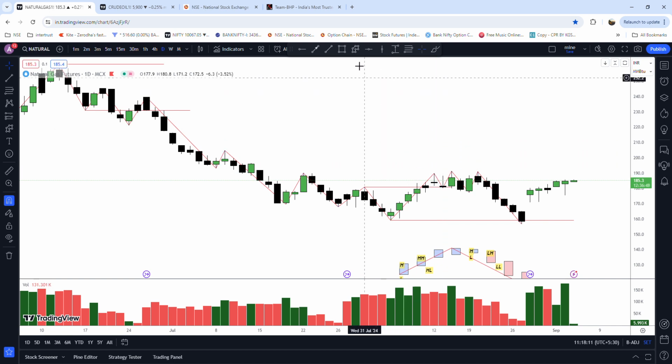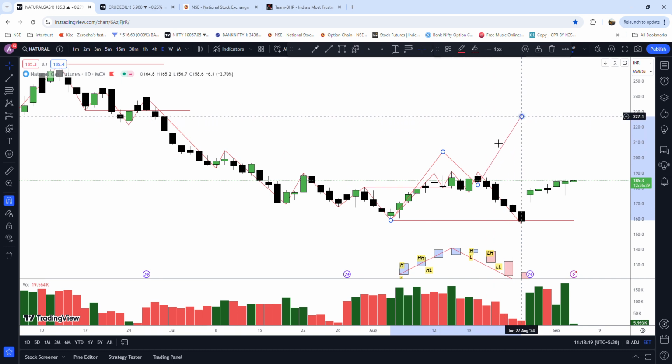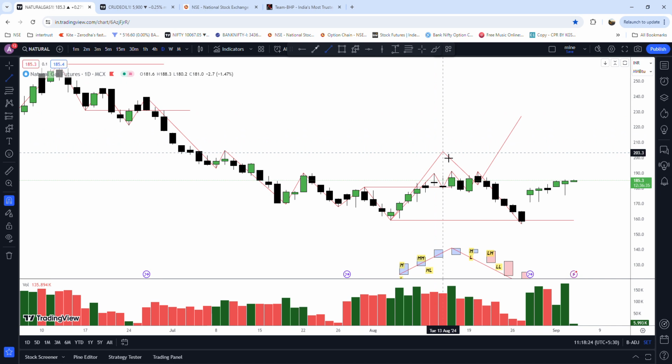Now, if price would do this, from here price goes here, comes down, and then breaks this high that has been drawn. This was the first lower high it broke. So it came from here, broke this lower high, comes down, then comfortably breaks this high too.